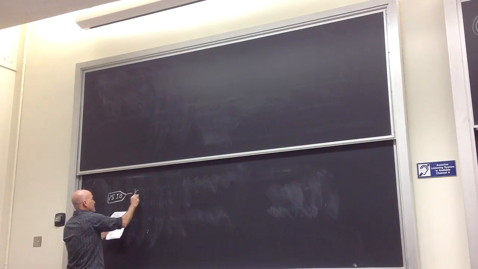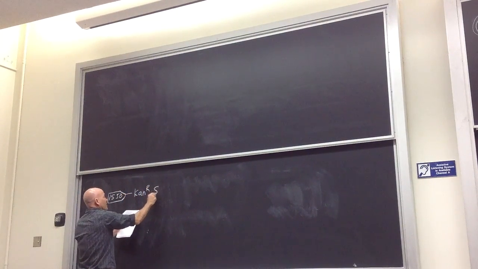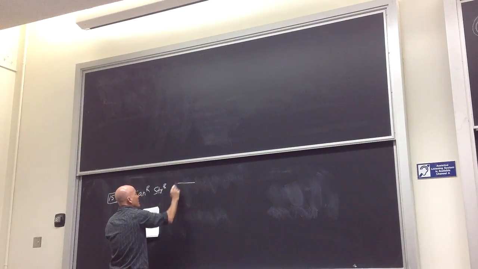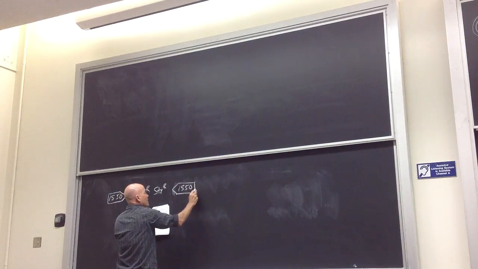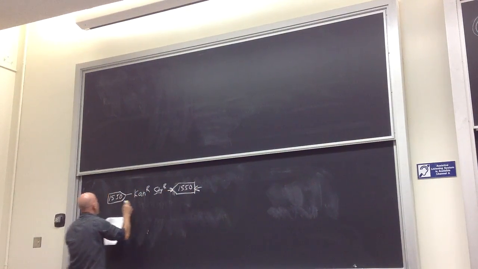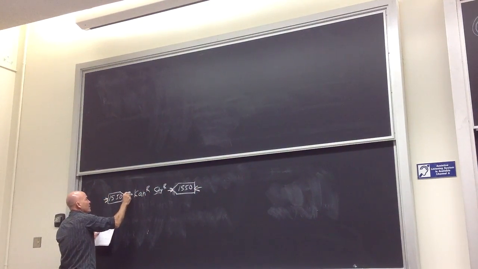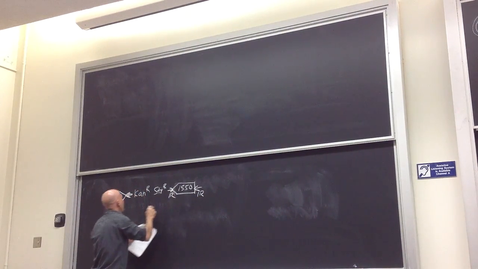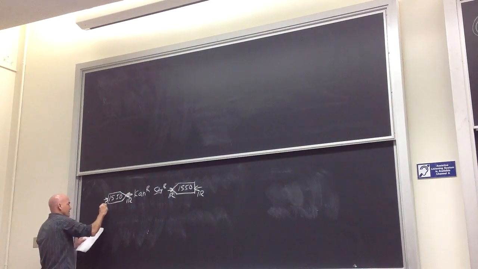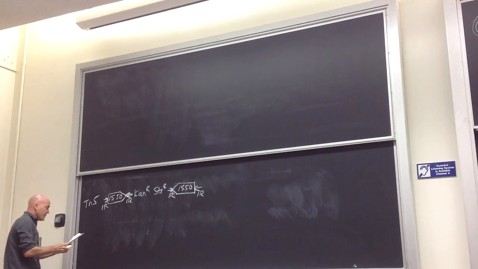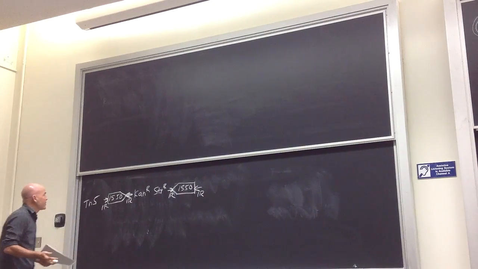Let's see. Say IR, IR, IR, IR. This would be something called Tn5, transposon 5. We use this a lot in the laboratory.